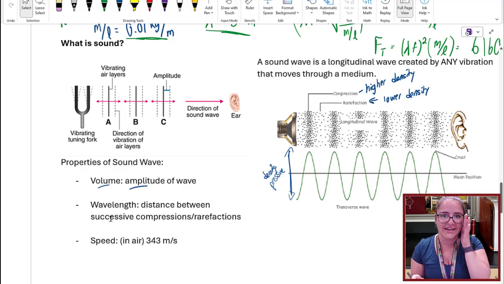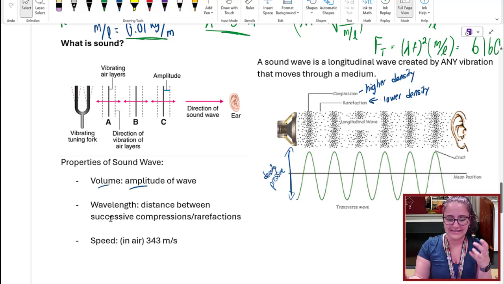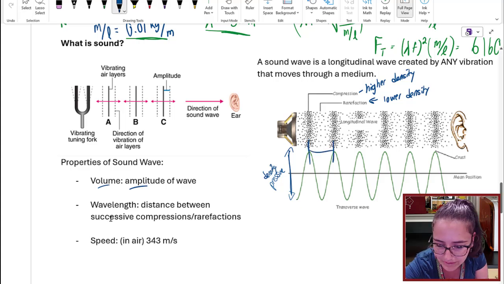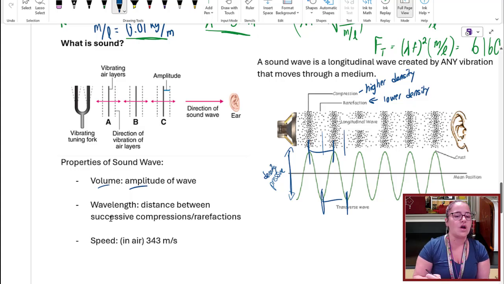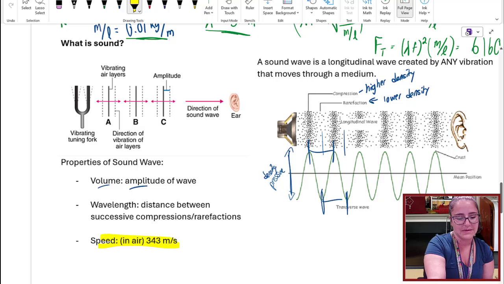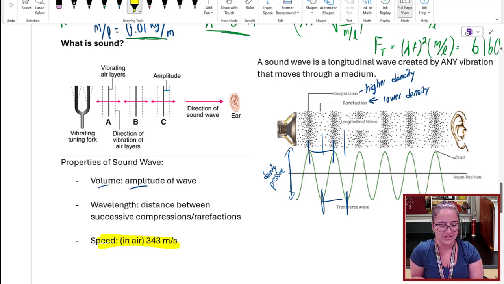Wavelength, just like in any other wave, is the distance between two similar points on the wave, either two successive compressions or rarefactions. And most of the time, we will be talking about sound in air, where it has a speed of 343 meters per second.